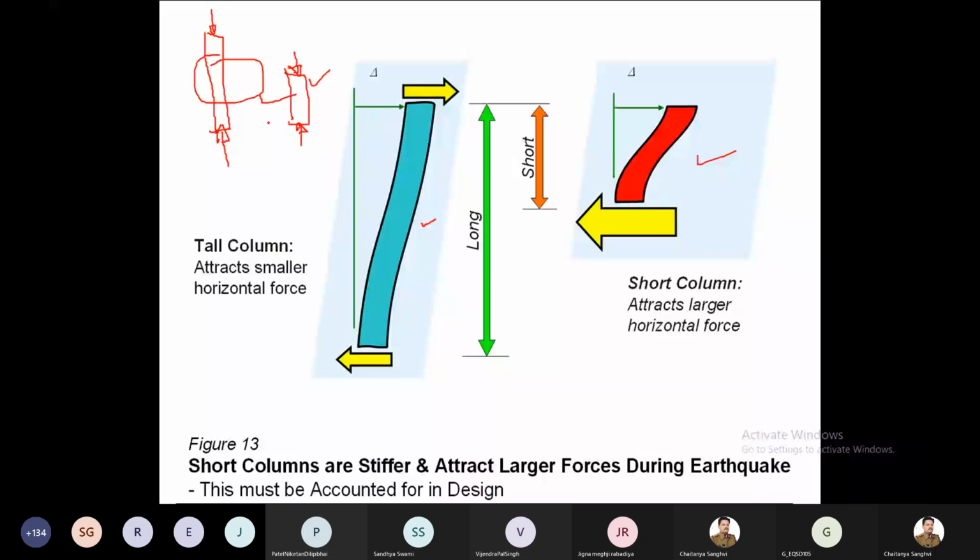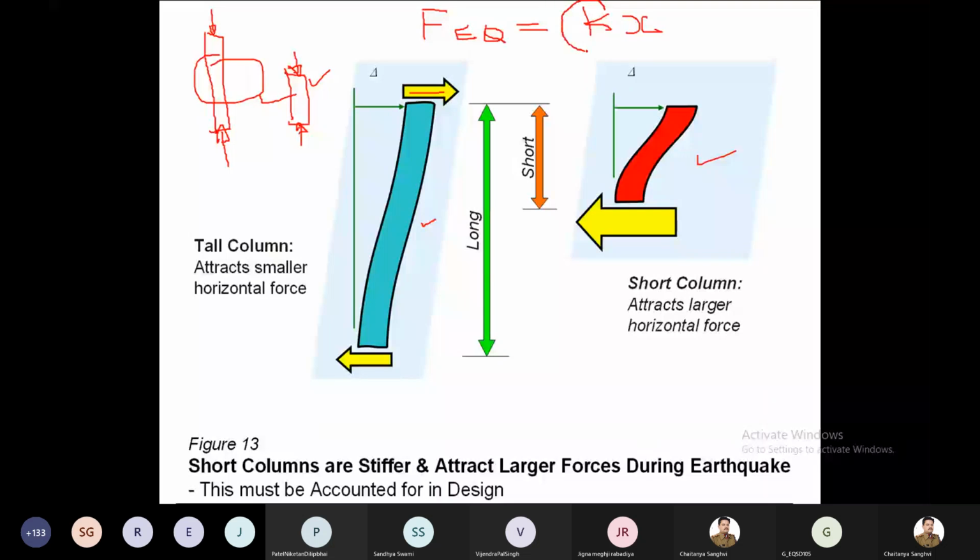But in case of earthquake force, when the lateral load is acting, what is going to happen? We know that the earthquake force is distributed as per the stiffness of the vertical element.